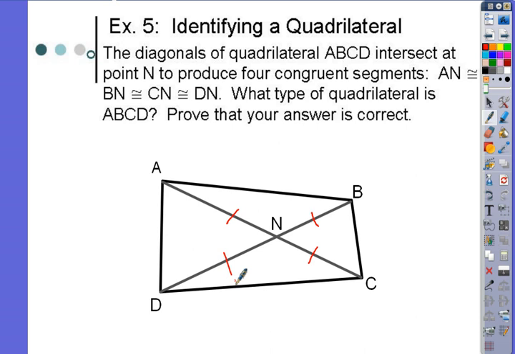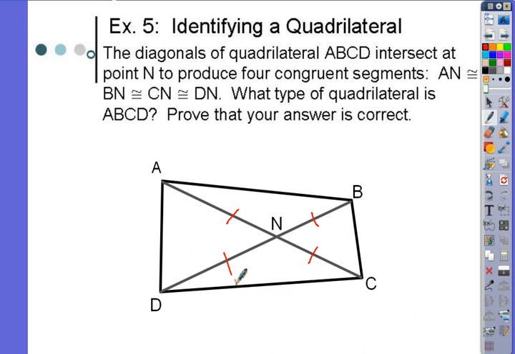Now, what is true of the diagonals of a parallelogram? They bisect each other. Do these diagonals bisect each other? Well, here's the point of intersection, right? Is diagonal AC cut in half? Yeah. AN and CN are equal length, right? They're congruent. So yes, AC is bisected.